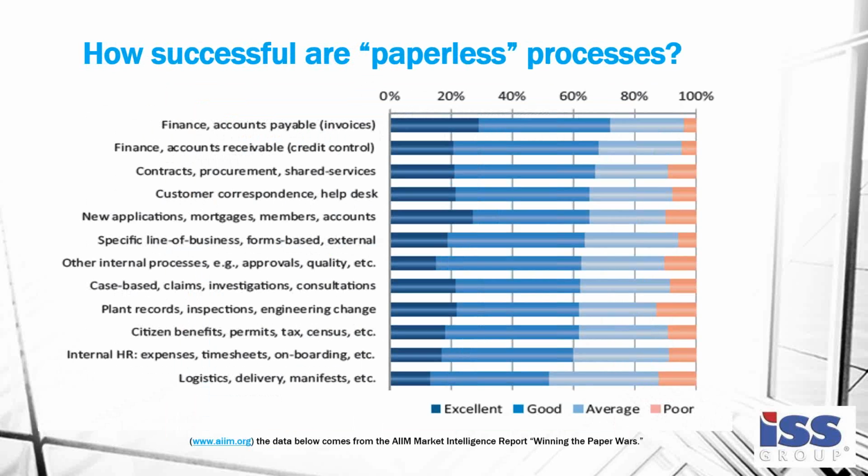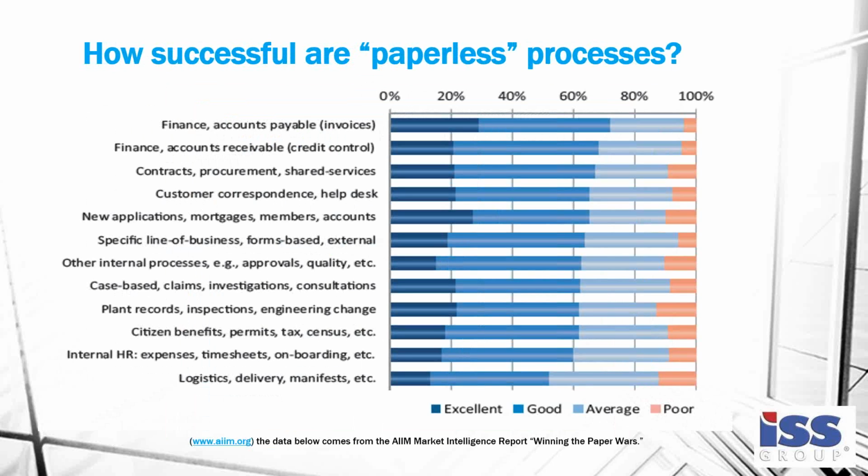I'm talking about how this stuff works. So what are some examples of how well this works in different areas within the organization? Now, this happens to be from an AIIM market intelligence report. If you go to AIIM.org, you can get this yourself, and there's a lot of additional material. But let's look at this.